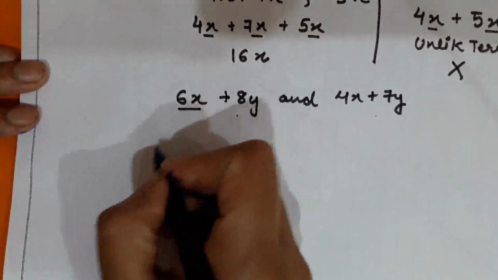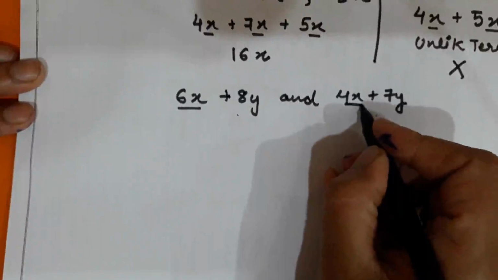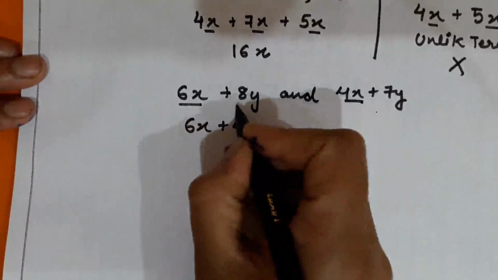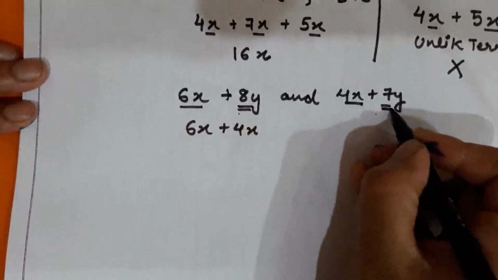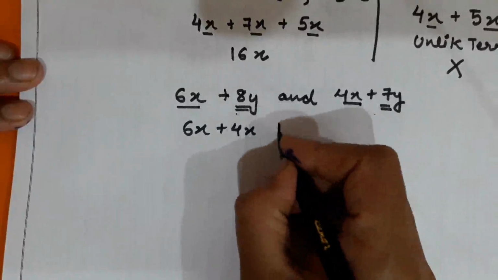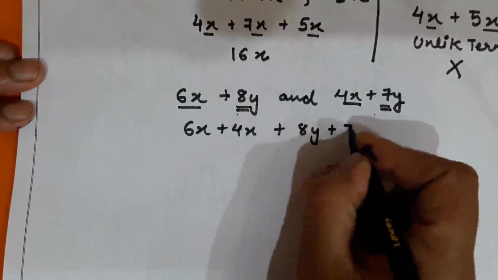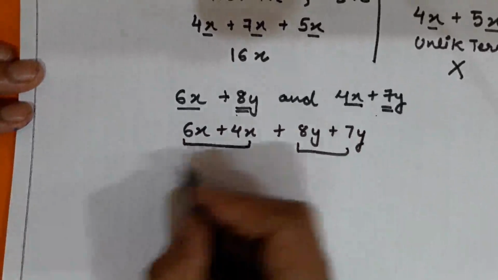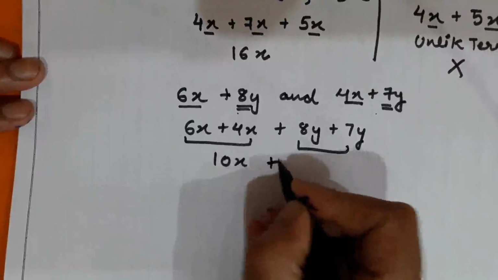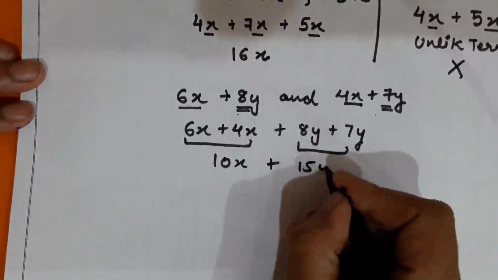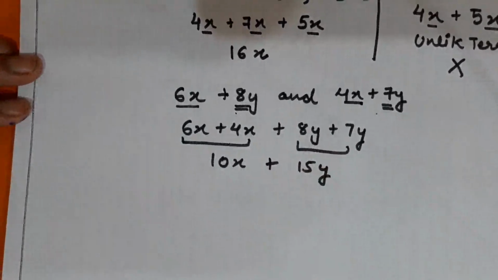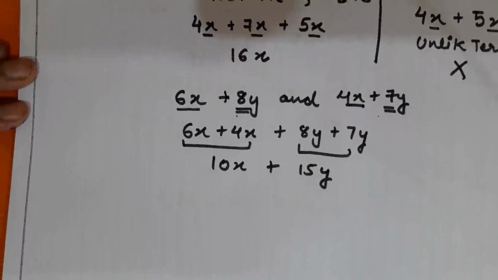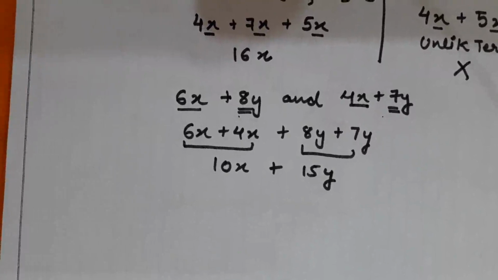So in this, 6x and 4x both are like terms. Write together. 8y and 7y are the like terms. Write together. Now add both of them. You will get 10x plus 15y. Getting my point? So in this way you can easily add the like terms.